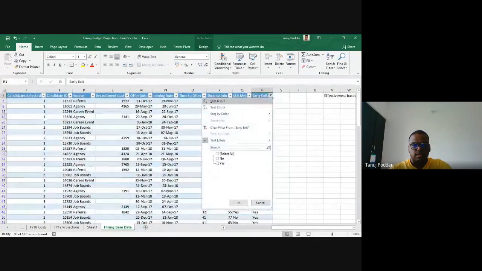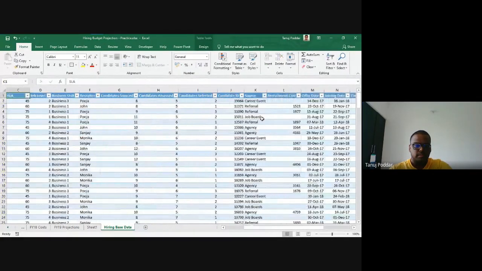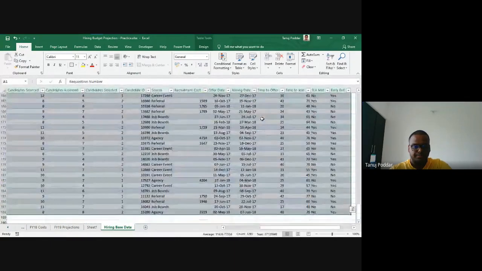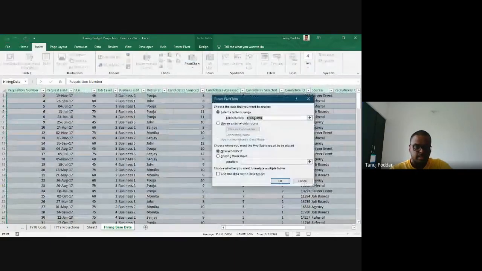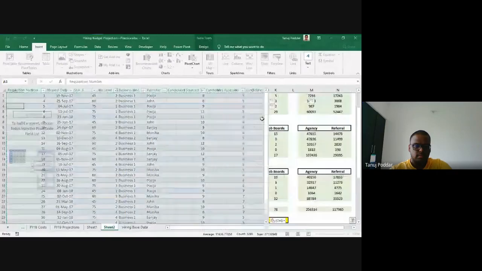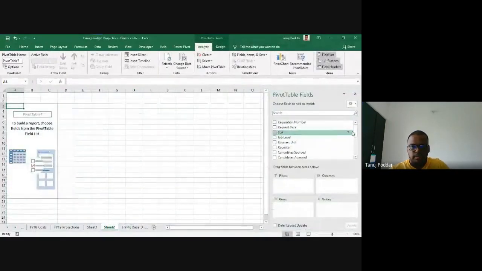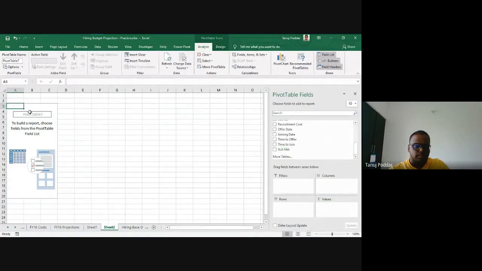So you can easily just create a pivot out of this. This will give you, if you want to see whether the person was an early exit or not, in terms of effectiveness, in terms of early exit.